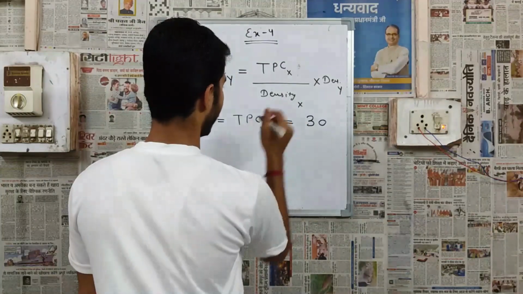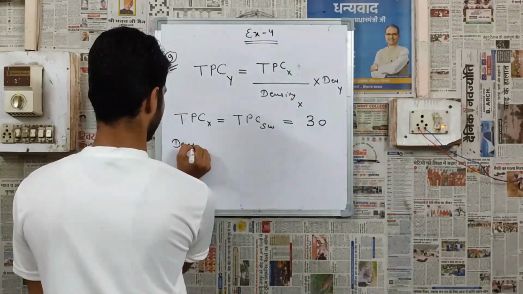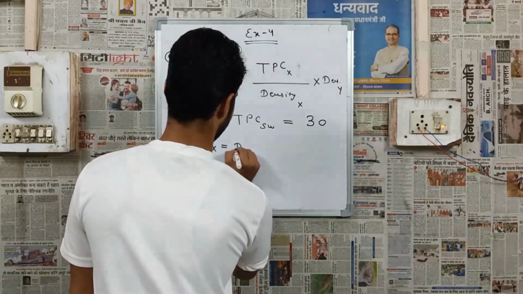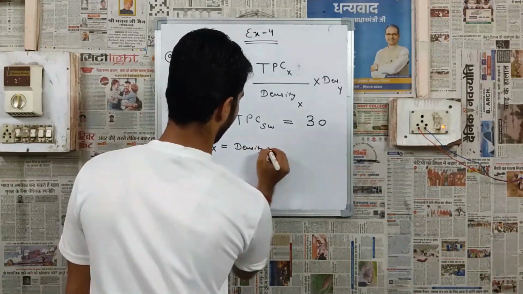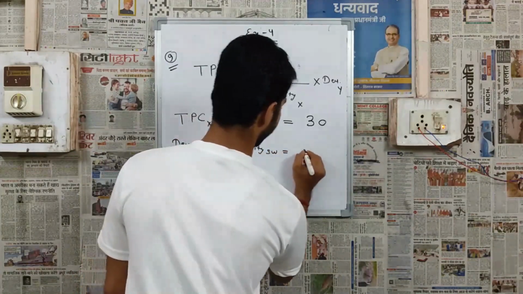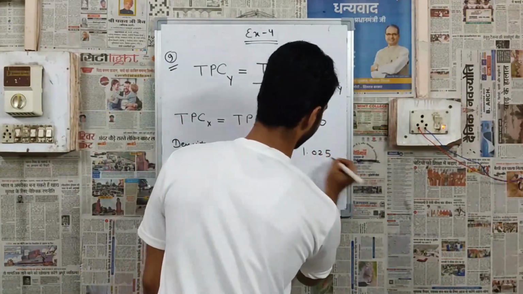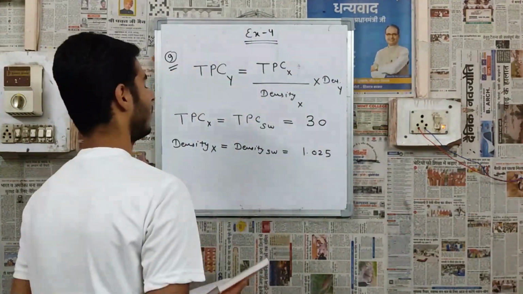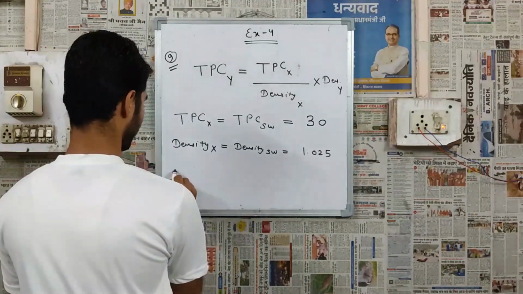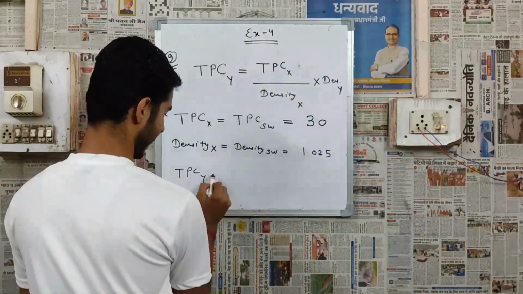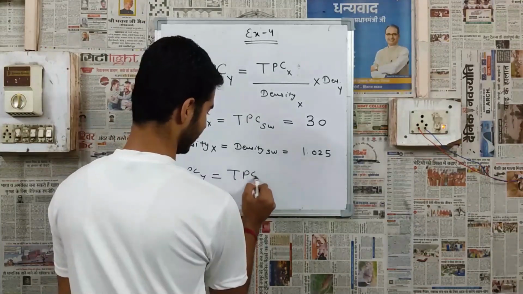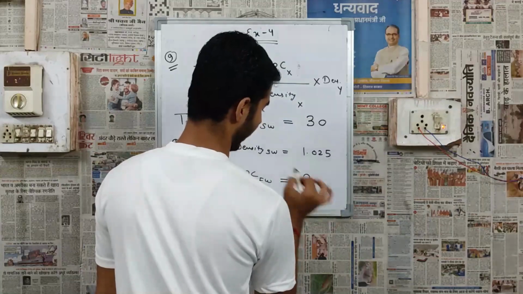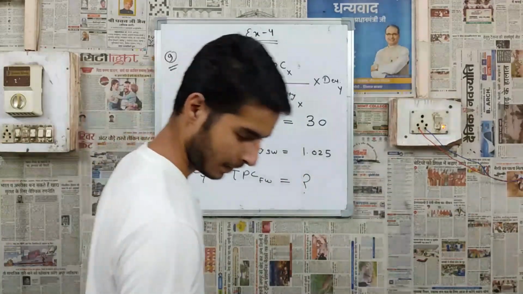Now density X is the density of salt water, that is 1.025. Now we have to convert to the TPC of fresh water.